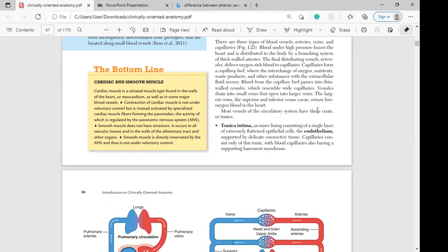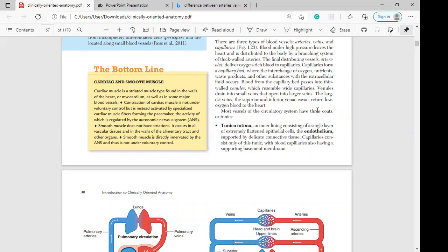But capillaries only contain Tunica Intima and basement membrane. So it means that capillaries consist of only endothelium and basement membrane. All other blood vessels, arteries and veins, contain tunica intima, tunica media, and tunica adventitia.